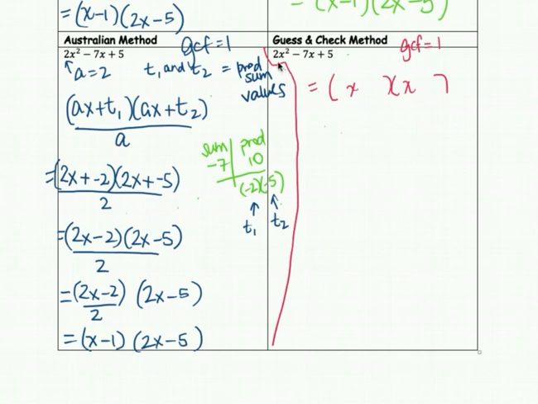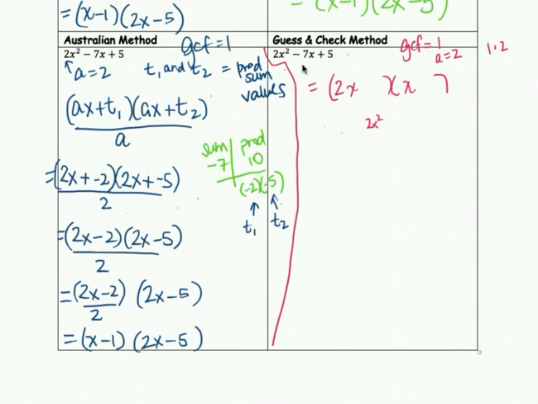If we think of a as 2, all the numbers that multiply to make a are 1 and 2, that's it, right? So the first 2 in the brackets have to be 2 and 1. Those are the only possibilities, because you have to get them to multiply to make 2x squared. If you were doing FOIL, you would get 2x squared.